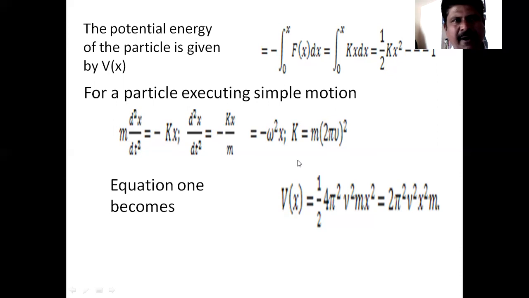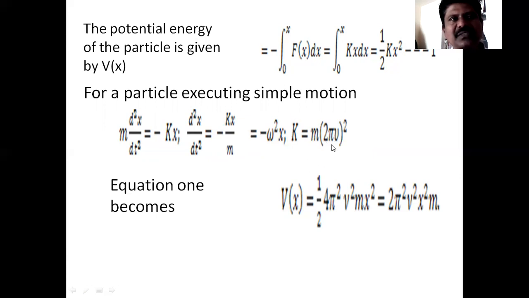So k by m is equal to omega square. Therefore, k is equal to m into omega square, but omega is equal to 2 pi mu, where mu is the frequency of oscillation. So it becomes 4 pi square mu square into m. This is the value of k.